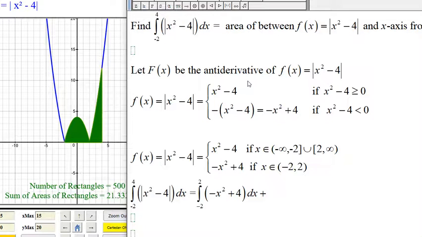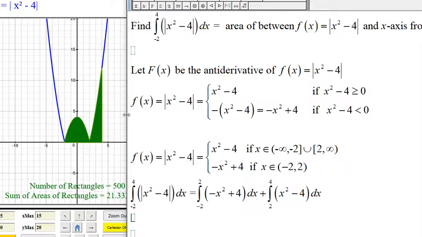And then the second integral will be from 2 to 4, and from 2 to 4 is in this interval, and therefore we use f of x equals x squared minus 4. And so that's how we would set up the two integrals. So this integral is the area of this region, and then this integral is the area of this region.